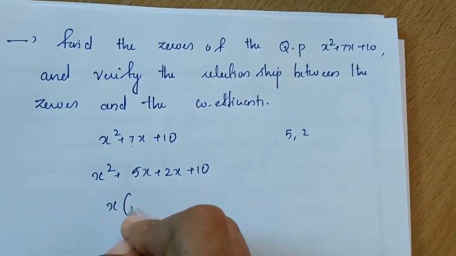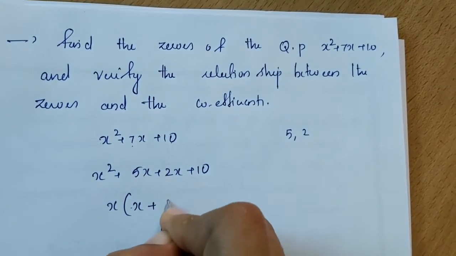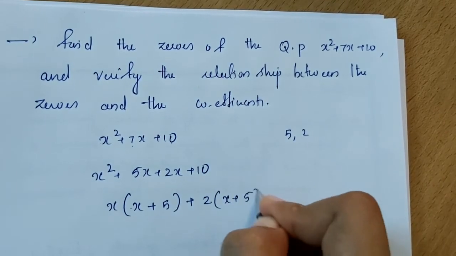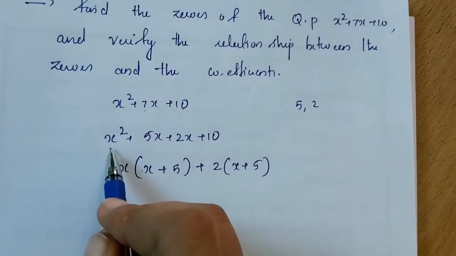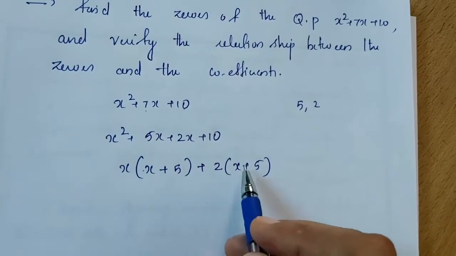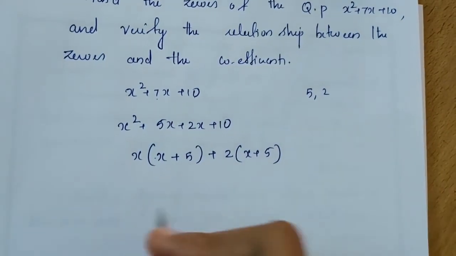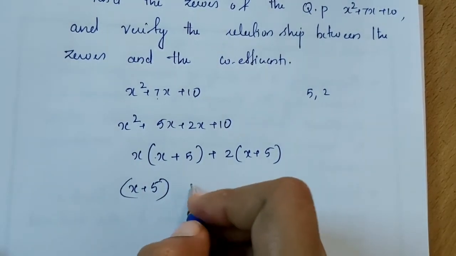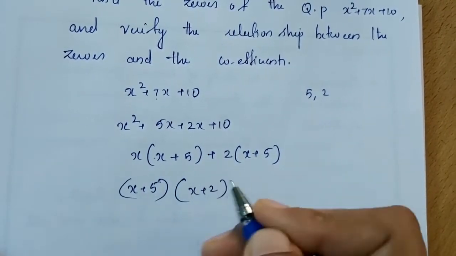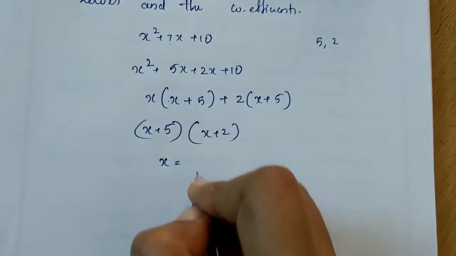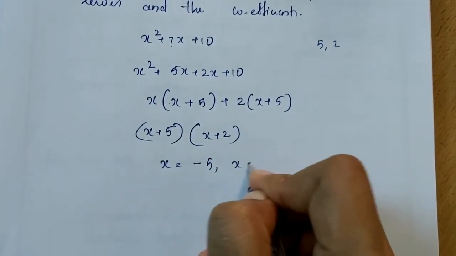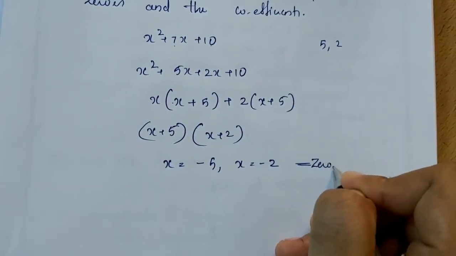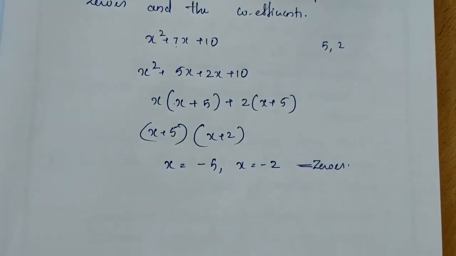Taking the common terms, x into x plus 5, which is equal to x square plus 5x, and 2 into x plus 5, which is equal to 2x plus 10. The common term is taken outside, so the value becomes x plus 5 and x plus 2. So x is equal to minus 5 and x is equal to minus 2. These are the zeros of the polynomial. Okay.